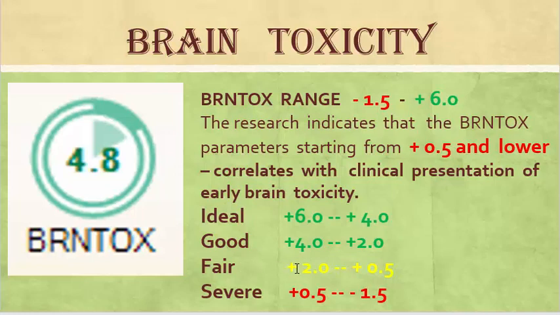Fair is from 2 positive to 0.5, and when it's positive 0.5 and lower, it shows there is some brain intoxication. This is why the color shows up as green, yellow, or red, presenting good or less good condition.